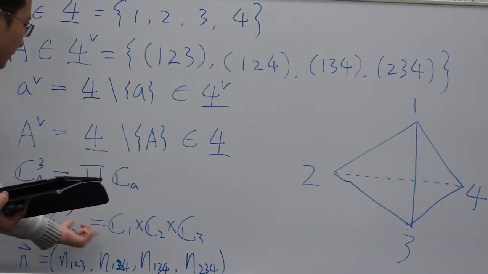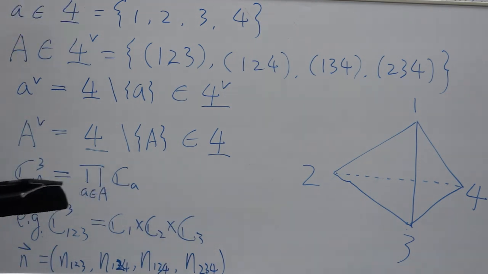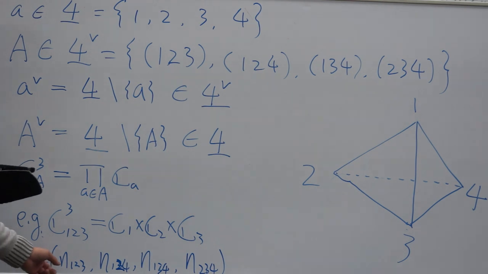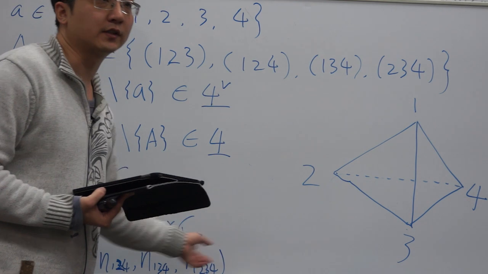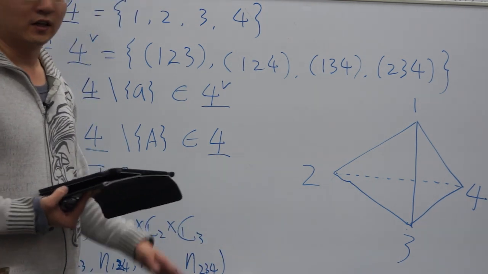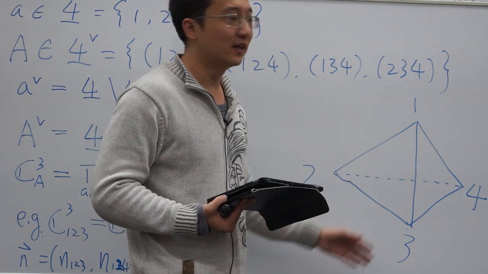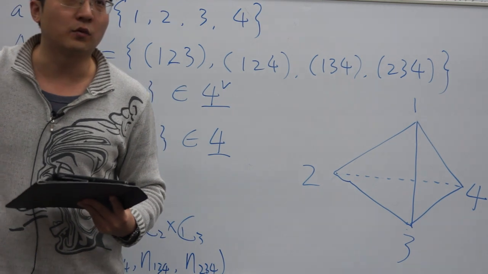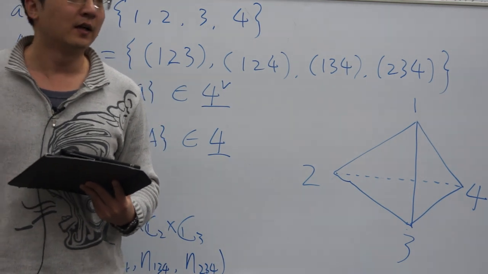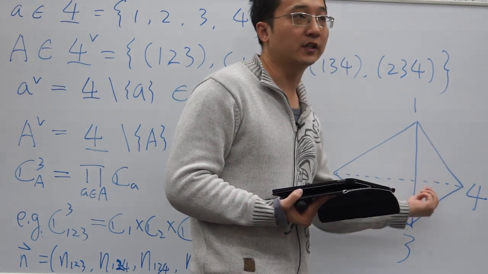Like C1, 2, 3 means C1 times C2 times C3. And I write this n vector, summarizing the number of different D6 branes. In the end, it can be summarized in a tetrahedron, so that each face of the tetrahedron represents one set of the D6 branes. And I will show immediately what each vertex means.